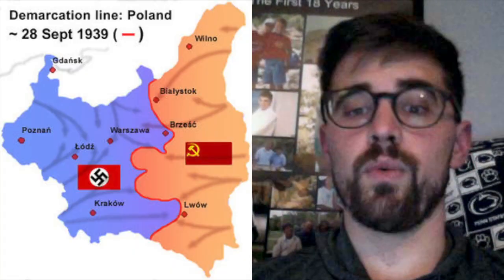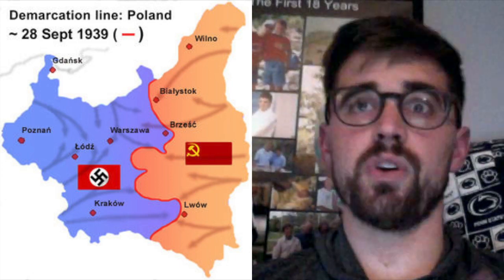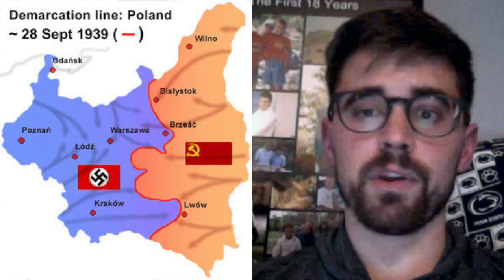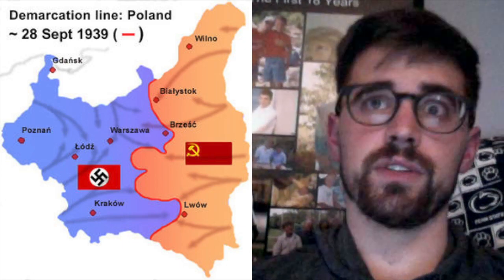The Russians, in the last week of fighting, attacked from the east, grabbing some territory of Poland. And eventually, Germany took control of the west and Russia the east. Poland was no more, and the secret pact between Germany and Russia to divide Poland came to fruition.